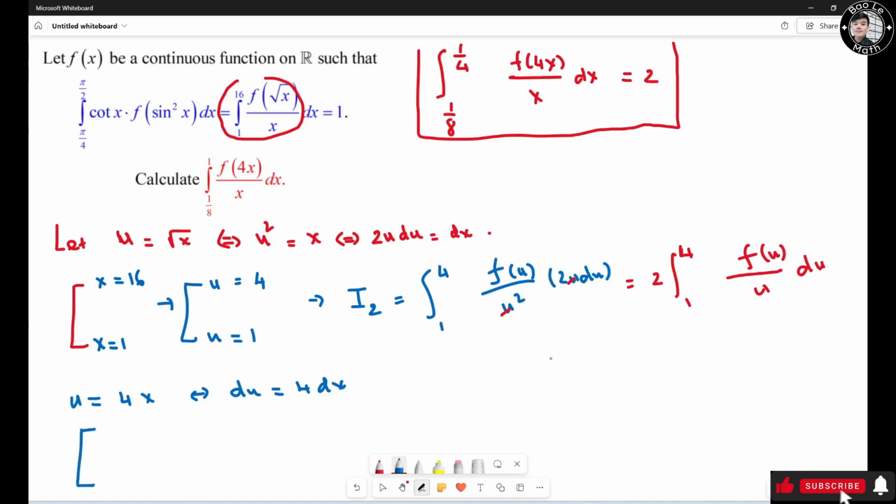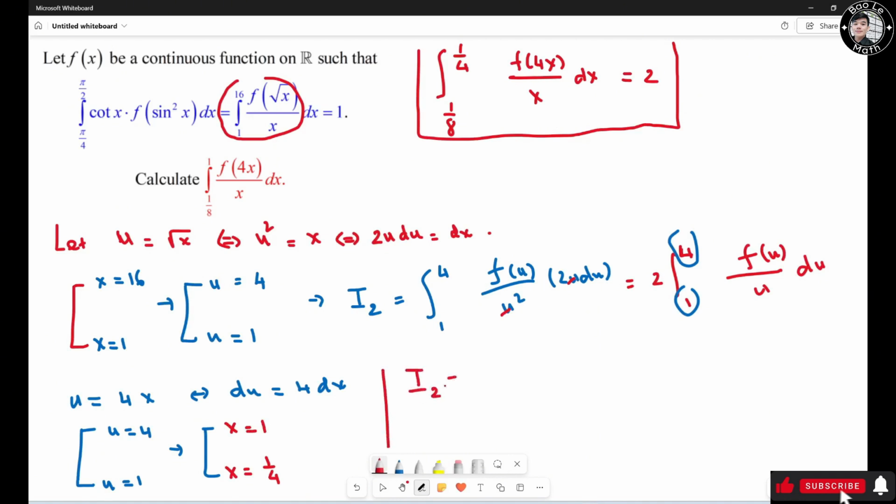Right here I have u equals 1 and u equals 4. Now I need to find the new limits. U equals 1, substitute over here, s equals 1/4. U equals 4, substitute over here, s equals 1.